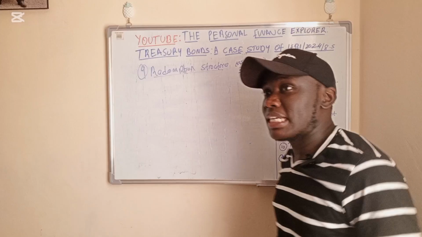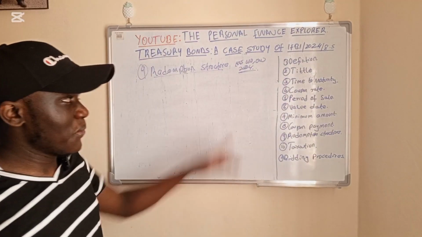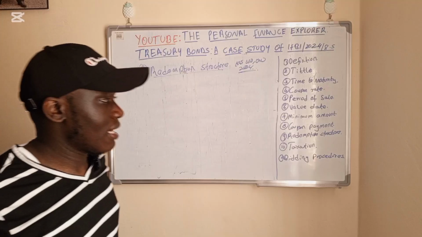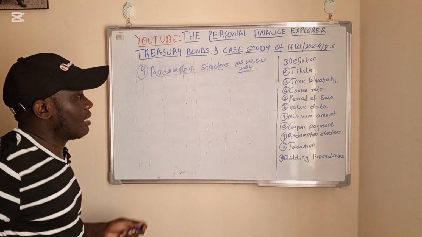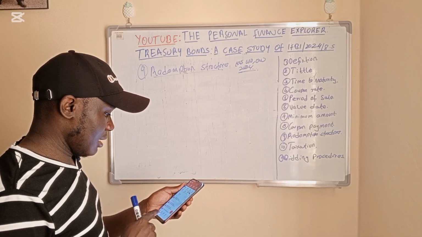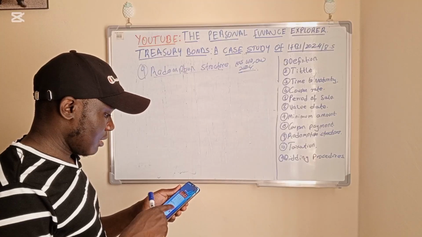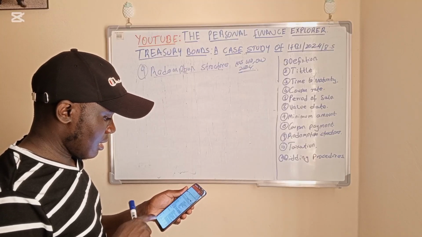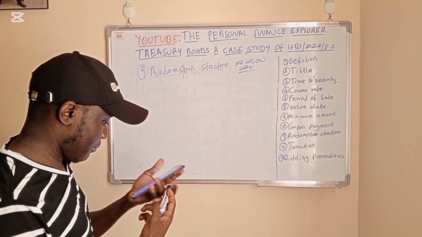Let me first introduce a term that I'm going to use here in this subtopic, redemption structure. I'm not sure that I know the spelling of the term, so let me just confirm the spelling so that I don't say things that I cannot defend in a court of law.